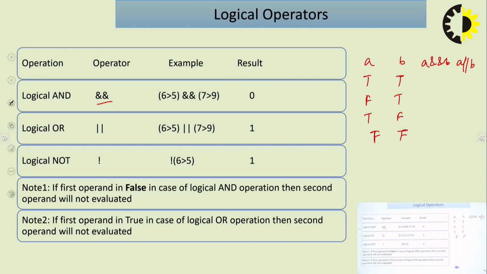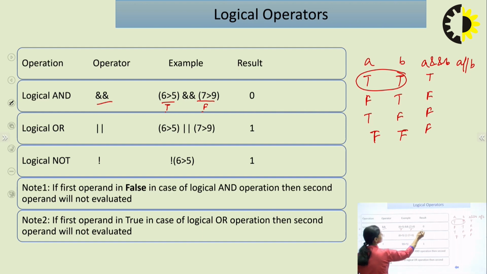So A and B says, if both the conditions are true, only then A and B would give the result as true. If any one of the conditions is false, the result would be false. So here it says 6 greater than 5 is true, 7 greater than 9 is false.